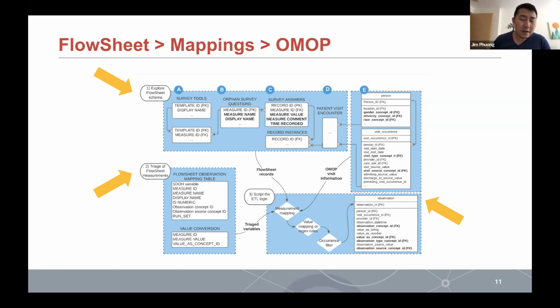we've acknowledged that at each site, the flowsheet questions and flowsheet answers might be very specific to that site's implementation of the flowsheet. And even between departments in a single health system, for instance with Glasgow Coma score, there could be separate flowsheet instances to represent how each department has captured it.